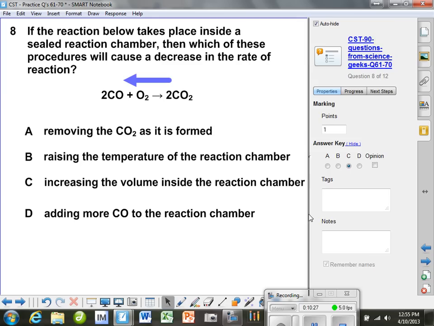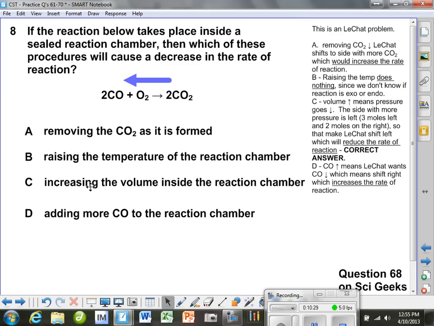So why don't we do that one first? Let's go ahead and increase the volume inside the reaction chamber. When the volume goes down, as you can see here, the pressure will go up because these are inverse. So increasing the volume inside the reaction chamber actually made the pressure go down. Now, this is a situation where with pressure and volume, we have to look at the moles on each side.